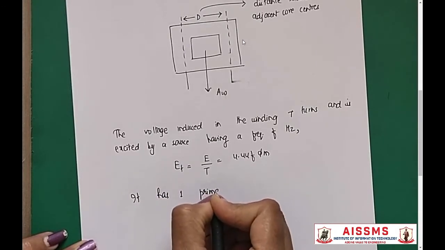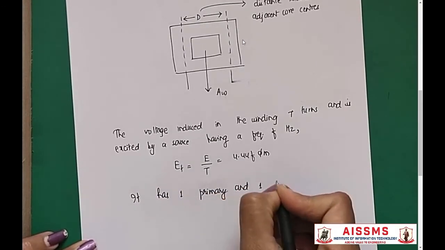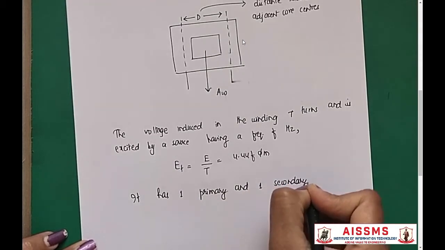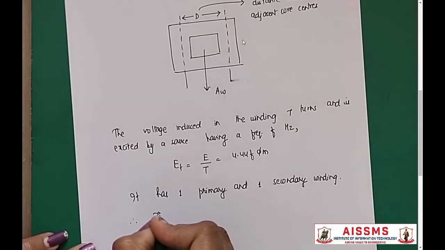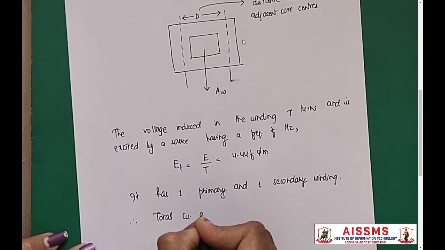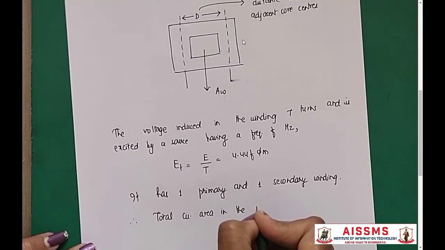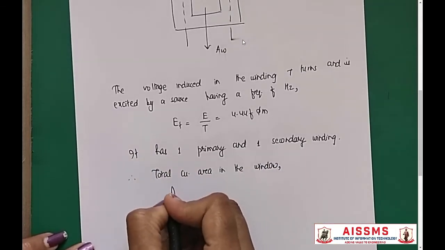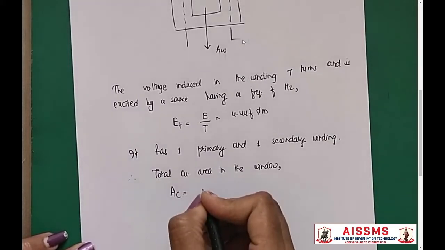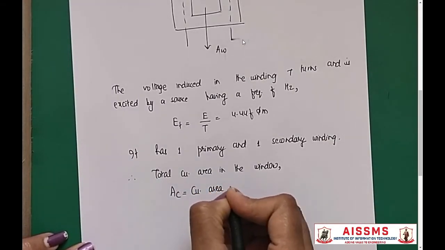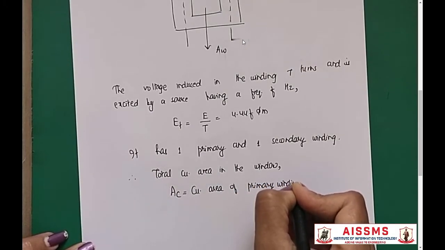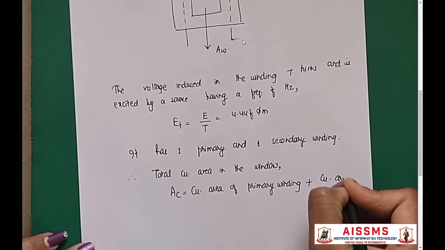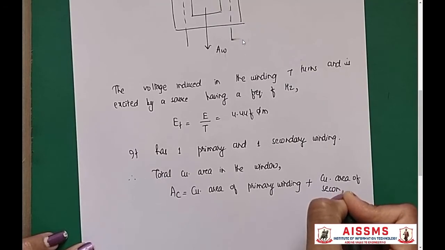one primary and one secondary winding. Therefore, the total copper area in the window, the symbol for which is capital A subscript C, is given by the copper area of primary winding plus the copper area of secondary winding.